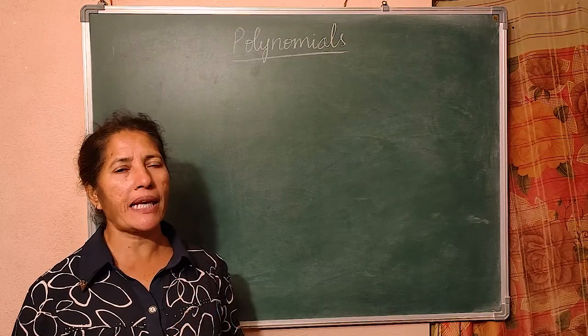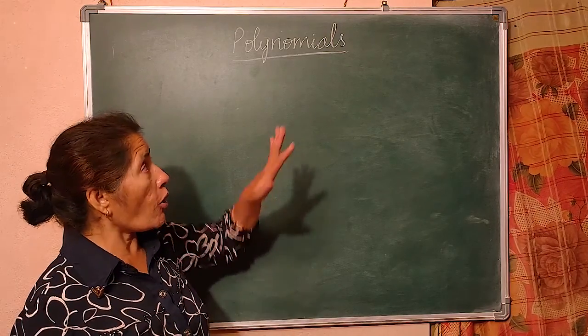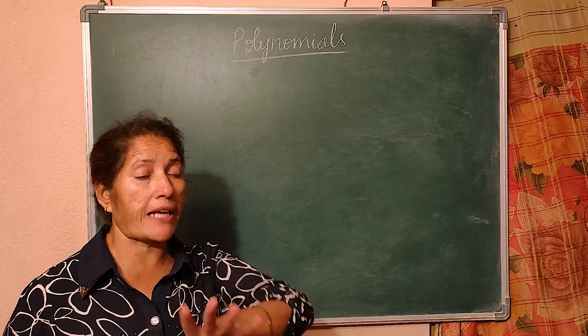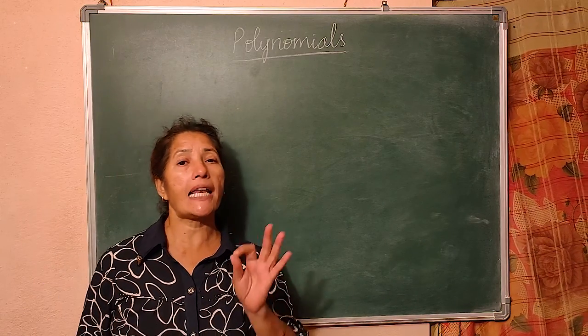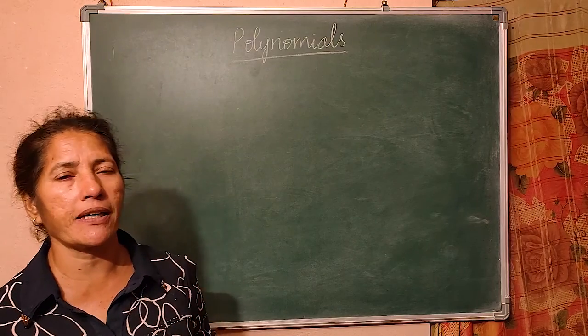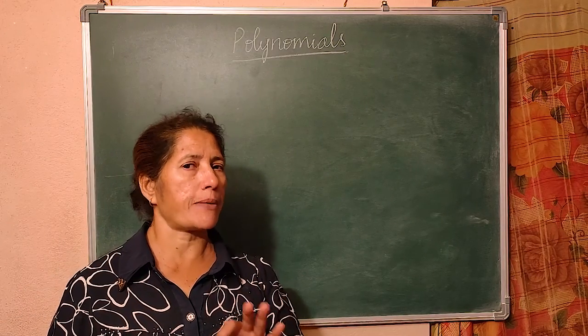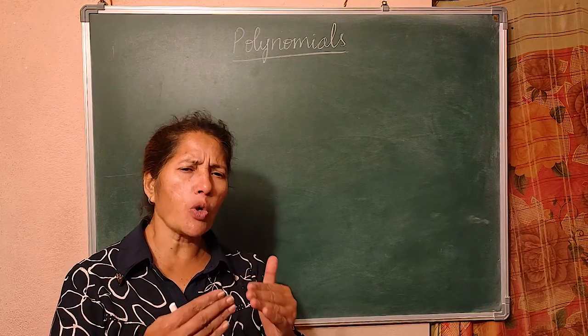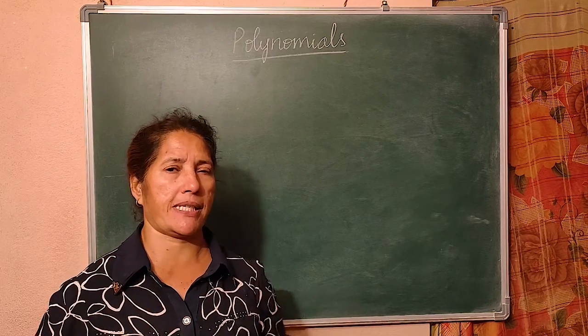What is monomial? All this we are discussing in the branch of mathematics called algebra. What is algebra? Algebra is a branch of mathematics which deals with the unknown matter or variables.